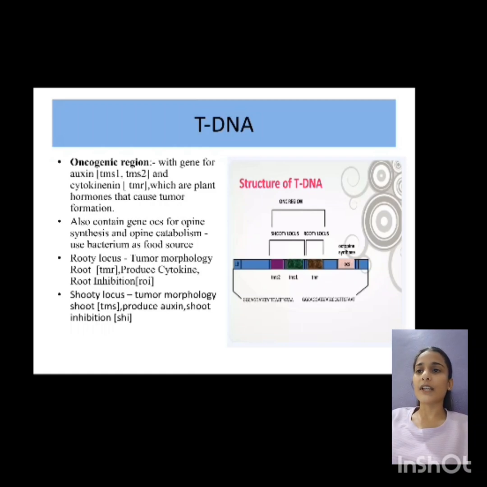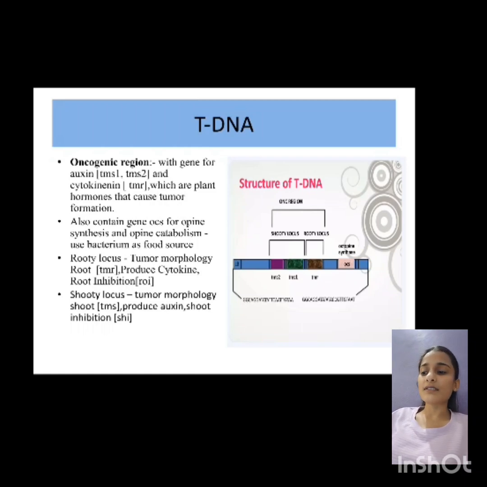Or we can say it has potential depending upon the plant's need. It may produce cytokinin to promote root formation, or we can say root multiplication or growth, more specifically the root growth. But whenever the plant needs to stop it, root inhibition can also occur.